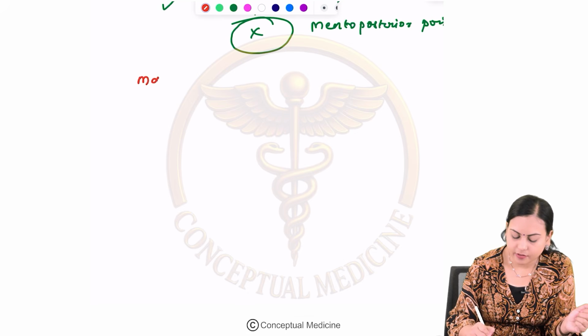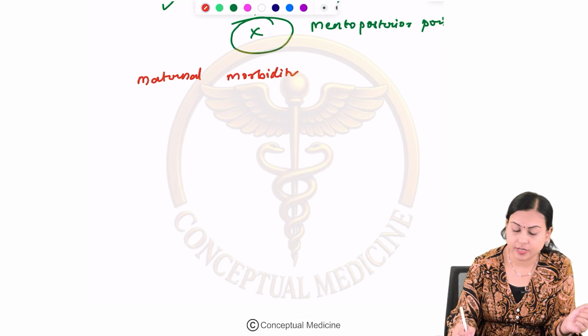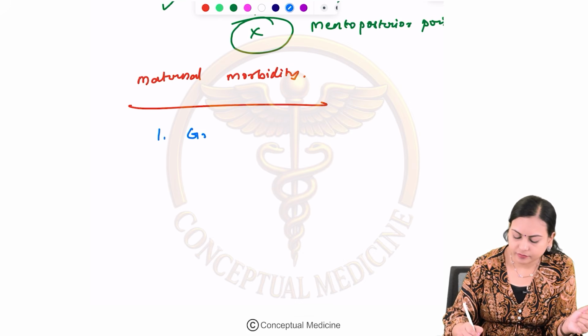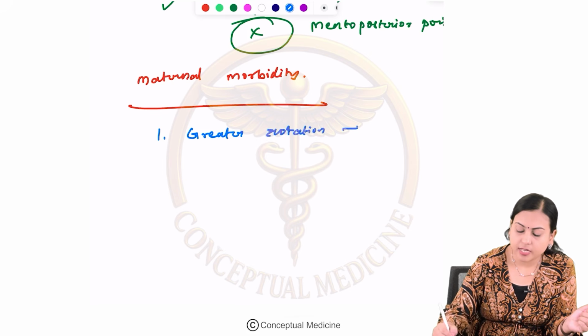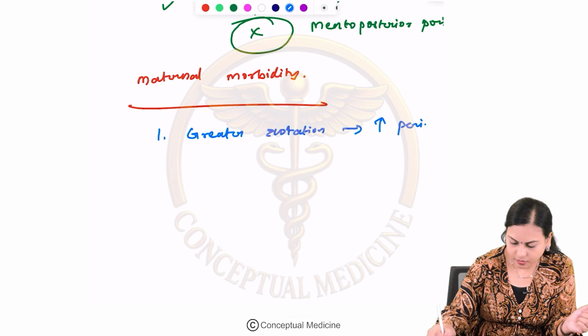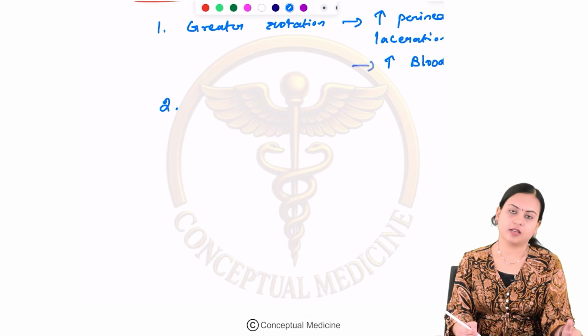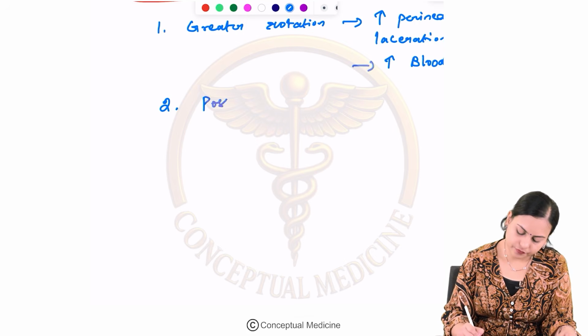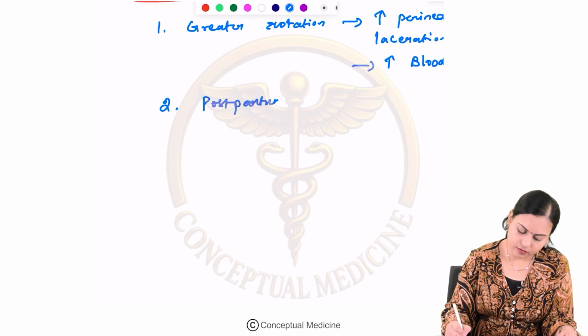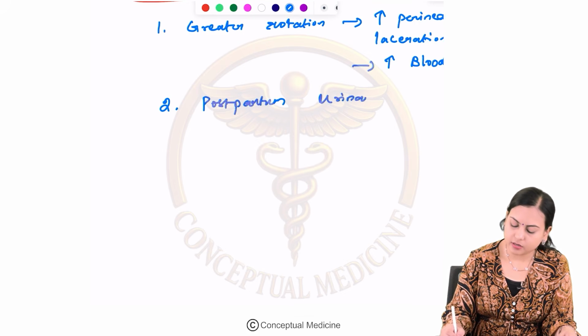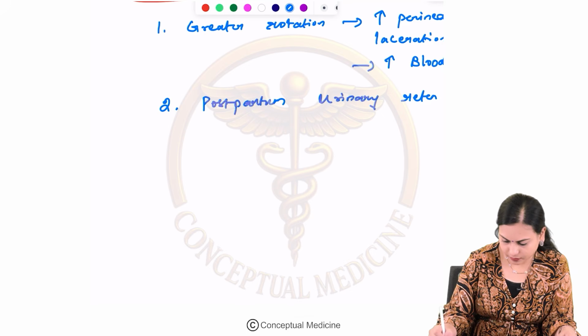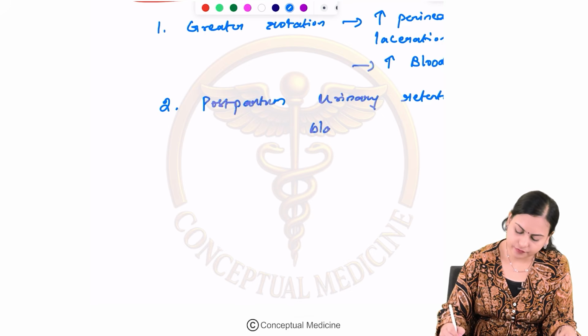However, any instrument that is applied on the human body has some disadvantages, right. So we have some maternal morbidity conditions that can be associated with forceps delivery. If there is greater rotation, that will result in increased degree of perineal laceration as well as increased blood loss. There can be postpartum urinary retention and bladder dysfunction.